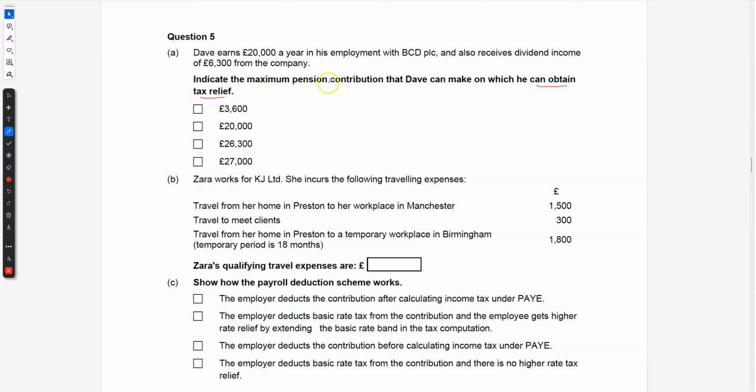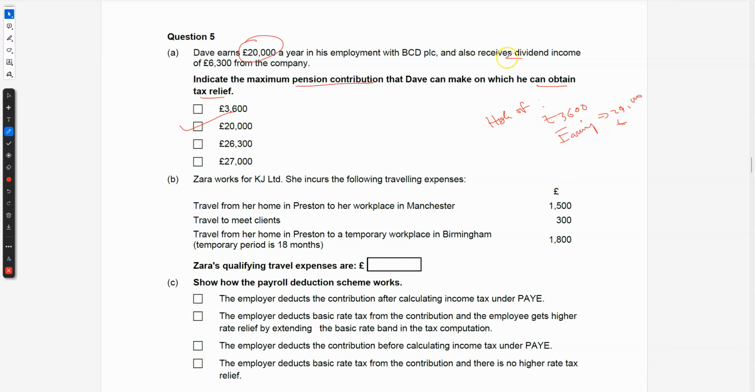Remember that the maximum pension contribution is basically the higher of 3,600 and the earnings. Here the earnings are 20,000, so between these two we need to pick the higher one. Which one is bigger? 20,000 actually.